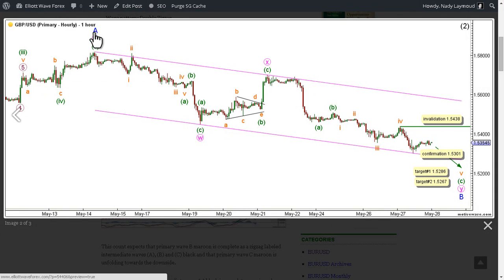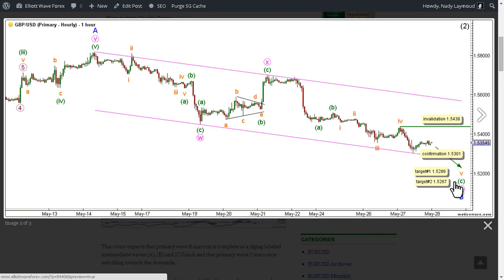After the completion of wave A blue, it's expected that wave B blue is at its late stages as a double zigzag labeled waves W, X, and Y pink, with wave W pink unfolding as a zigzag labeled waves A, B, and C green, with wave A green unfolding as an impulse labeled waves 1 through 5 orange. Following the completion of wave W pink, wave X pink unfolded toward the upside as a zigzag labeled A, B, and C green, with wave B green unfolding as a triangle labeled waves A through E orange.